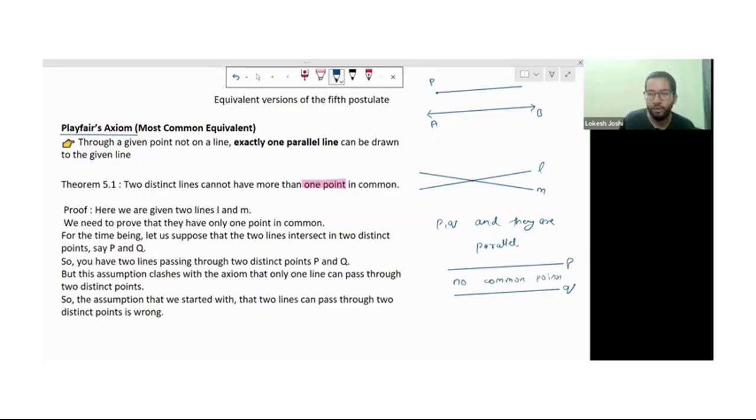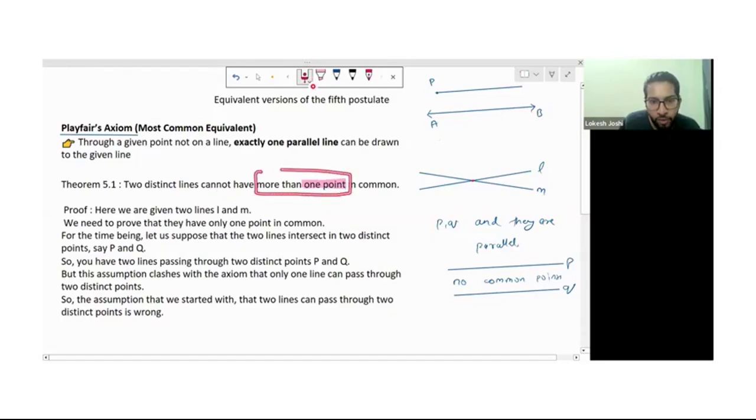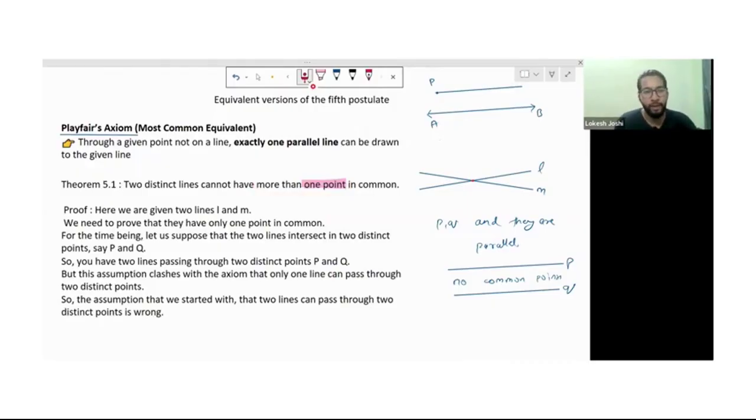And it's okay. There is no problem in this one because the theorem says they cannot have more than one common point, but they can have zero, which is less than one. So that's why it's okay.